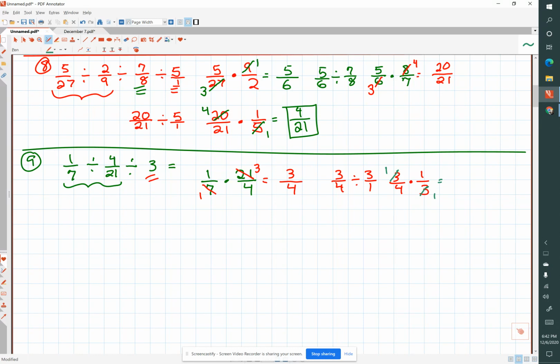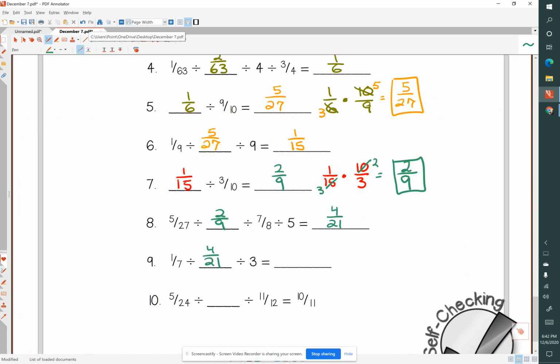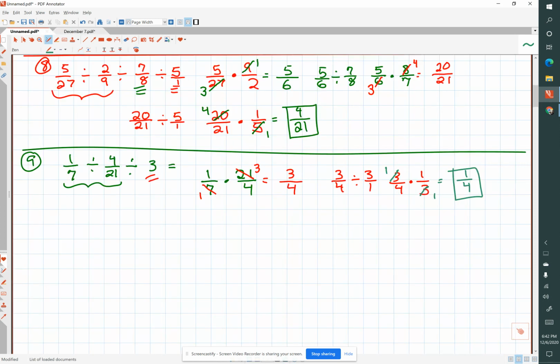Now when I multiply across, 1 times 1 is 1 and 4 times 1 is 4. And 1/4 is the answer. Now we don't just put the answer in here, we do the work because that's how our brain gets smart. So let's use our scrap paper and divide these 3 numbers and make sure we get 10/11ths when we're done.